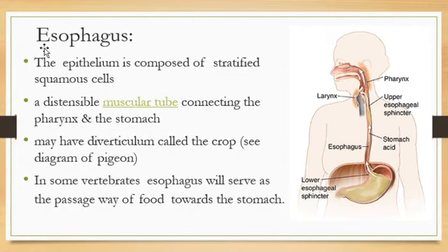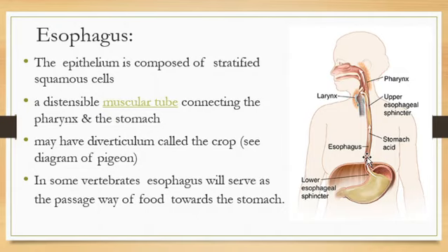Esophagus. The esophagus epithelium is composed of stratified squamous cells. It is also highly muscular, and the length of the esophagus would depend on the type of animal. In birds, the esophagus has a specialized compartment called the crop.